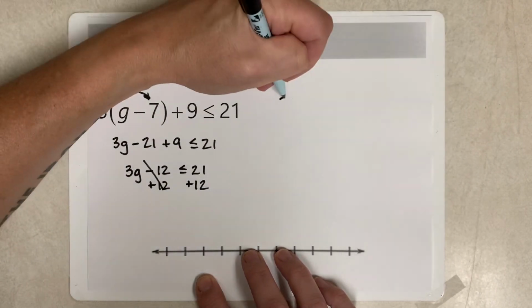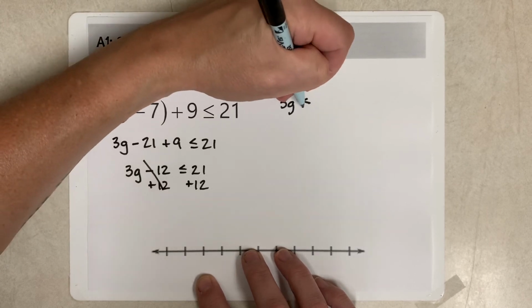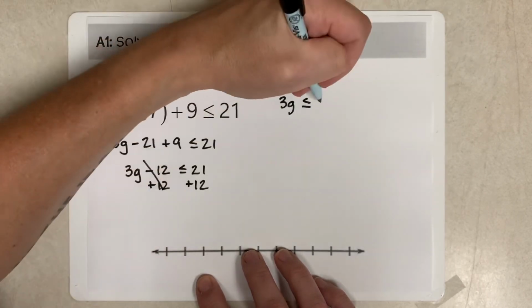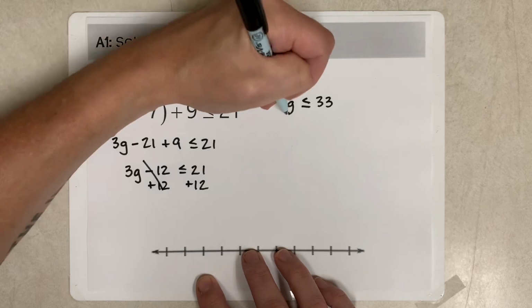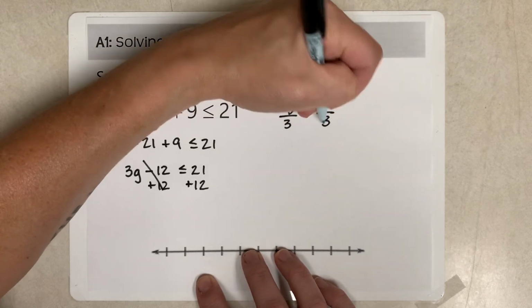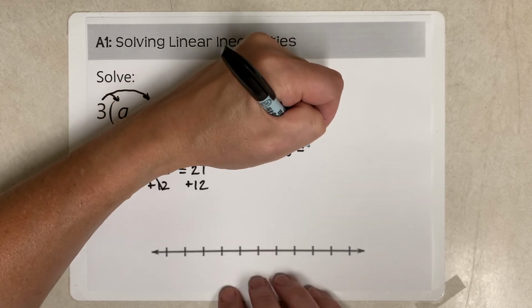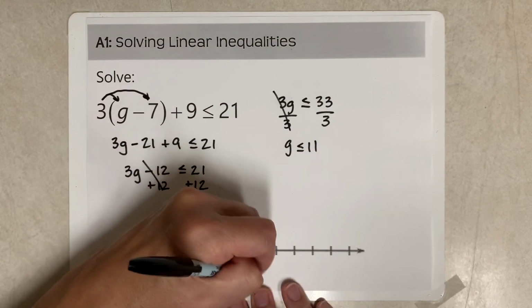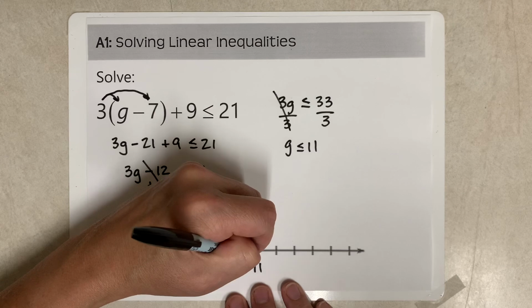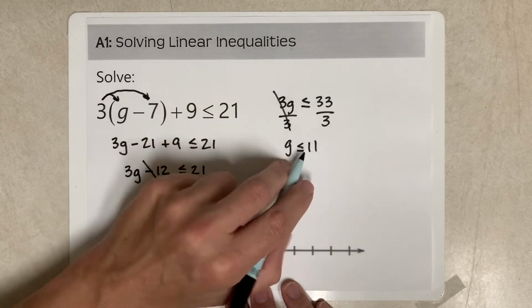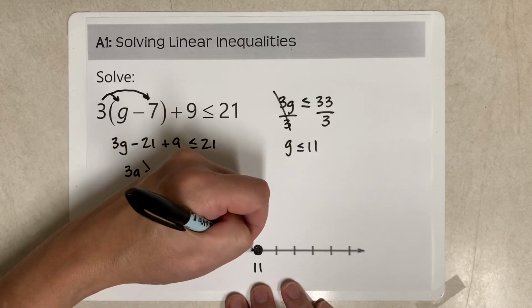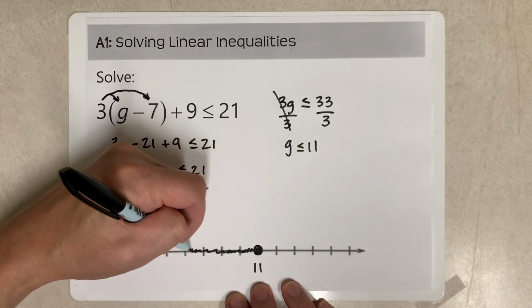And so now I have 3g less than or equal to, that would be 33. And we divide by 3. And so now g is going to be less than or equal to 11. So I have an 11 right here in the middle, closed circle, because of the little equals part right there, and shaded to the left.